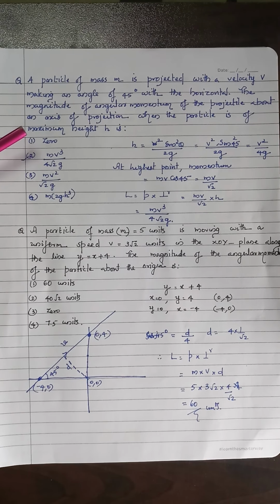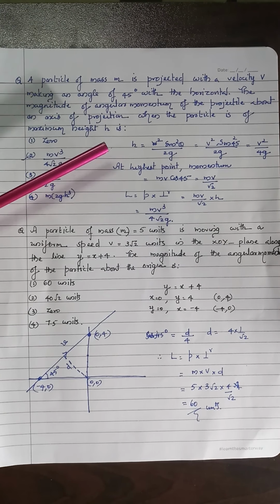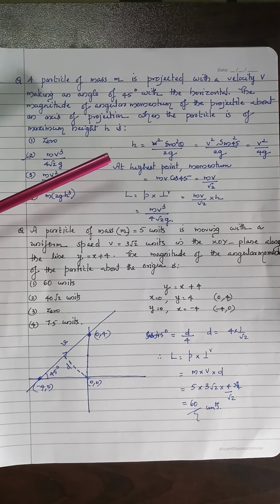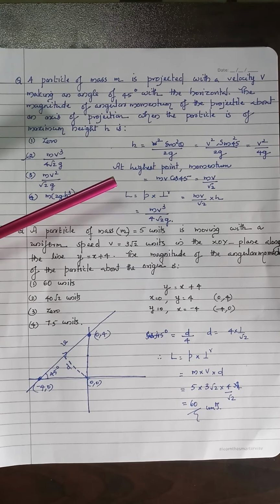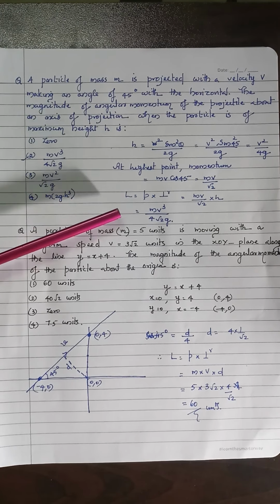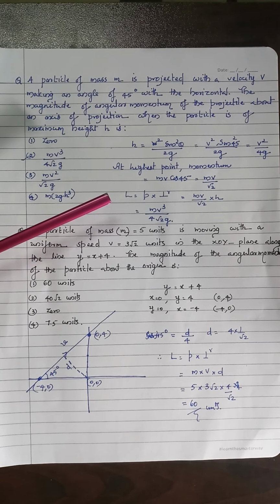So that is the linear momentum at the highest point into the maximum height. What is the maximum height? It is v square sin square theta by 2g, and here theta is 45, so you get v square by 4g. And at the highest point, the momentum is mass into the velocity there, v cos 45. You just multiply, you get the answer.